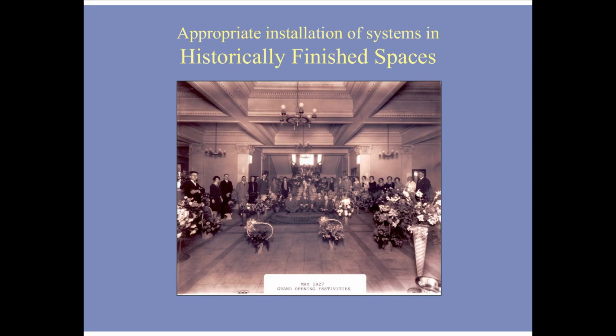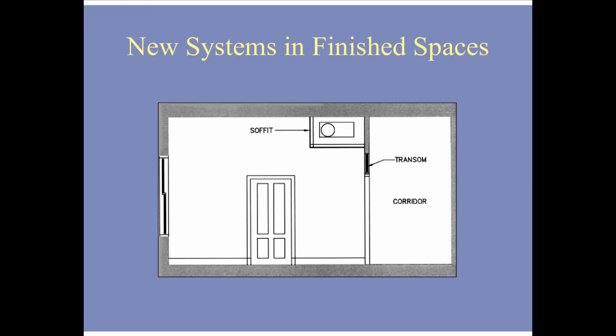So this is a historic view of the space shown in the previous slide after the rehabilitation. This is the Mid-Continent Life building in Oklahoma City with the mosaic tile floor in the main entryway. Where a drop ceiling can be avoided, it should be.